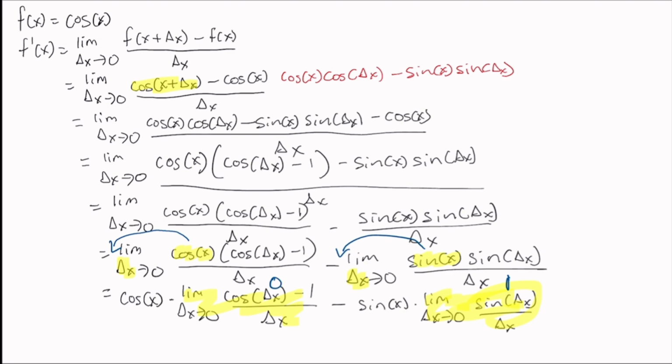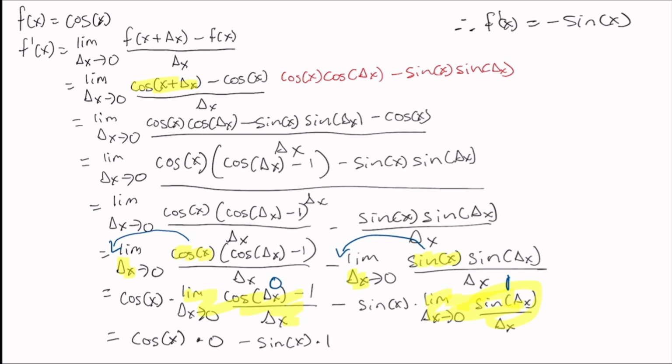So after this, we can just rewrite it as cosine of x times 0 minus sine of x times 1. So then we can say that therefore f prime of x equals negative sine of x. So really the process is exactly the same as deriving the derivative of sine.